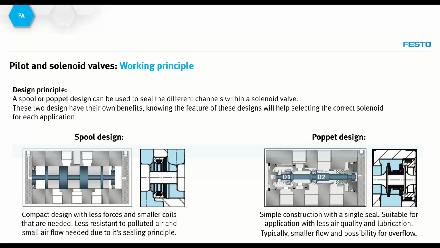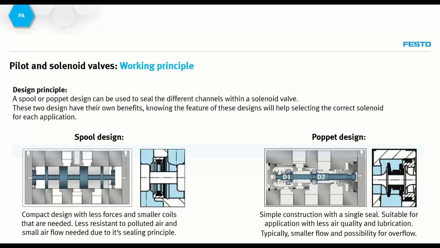One of the most common designs these days is the spool design of the solenoid valves, which has its basis in a plunger moving within a certain tube, and this tube has connections with the different channels. Here you see in the middle, the dark blue part is connecting different channels together.